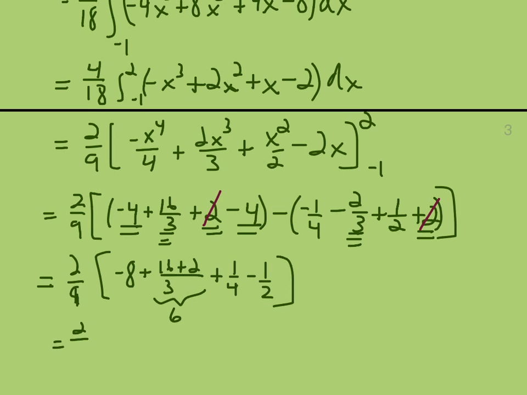And so we're looking at a negative 2 minus a 4th. Yeah, negative 2 minus a 4th. Because that's 1 minus 2 over 4. Okay, great.